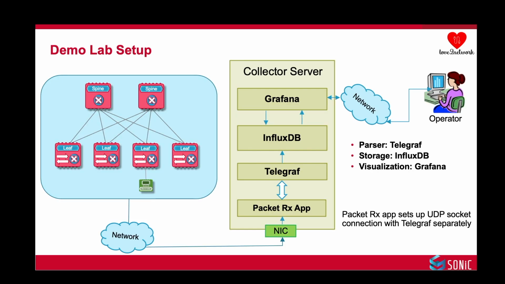Now, before I jump into the lab, I want to show you my lab setup. What you see in the middle here is a graphical representation of the open source collector I was talking about. You can see it comprises 4 modules. Each of these modules is open source, as you can imagine. This Packet RX app is basically an input plugin in Telegraf.